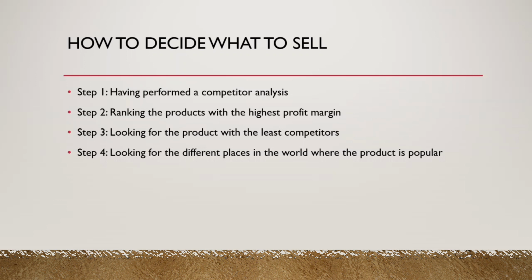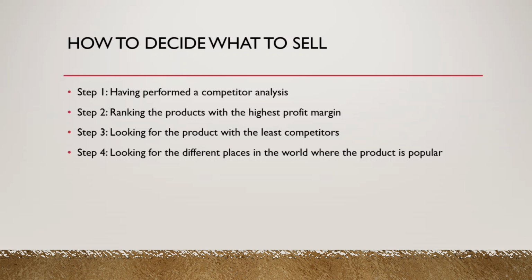You're still competitive. You are making 300% profit, if I'm not mistaken. Yes, 300% profit, and it's amazing because you're still competitive. Your profit margin is huge. That's the type of product you want to look for, the product that gives you the highest profit margin.